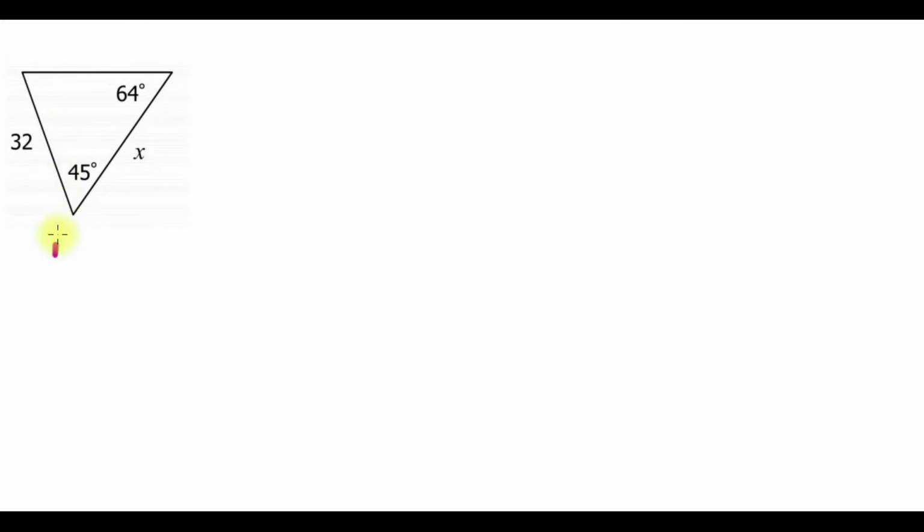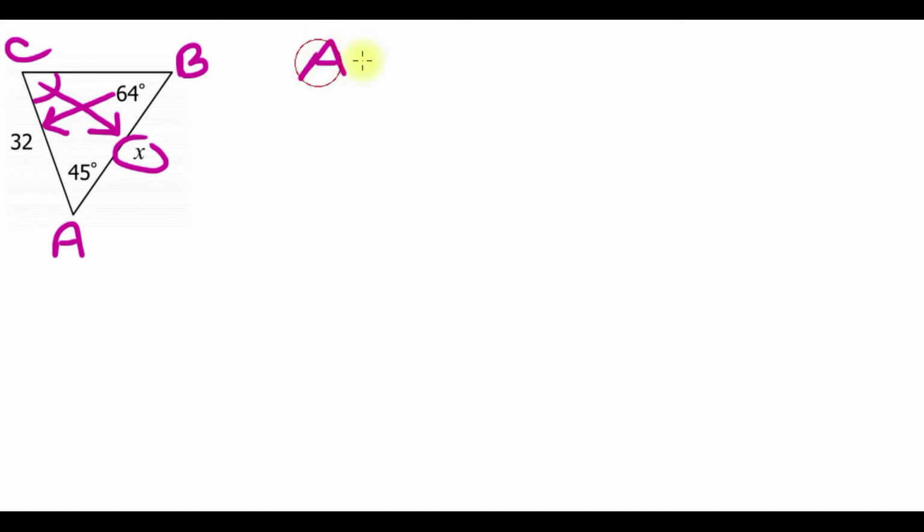Here we can call this triangle A, B, C. The x is going to be side C because it's opposite from angle C. The 32 is going to be side B because it's opposite from angle B. So we need to know what angle C is in order to set up an equation. To find angle C, it's easy because we know that angle A plus angle B plus angle C is 180.